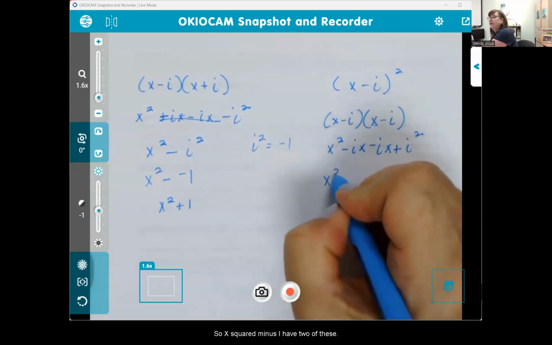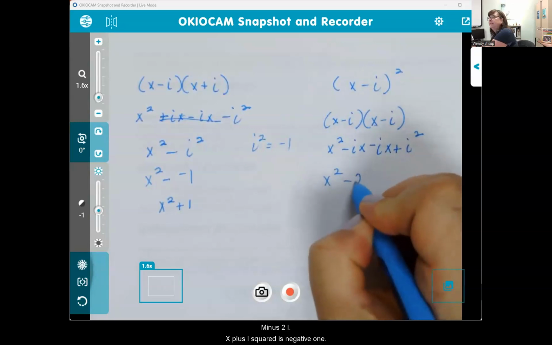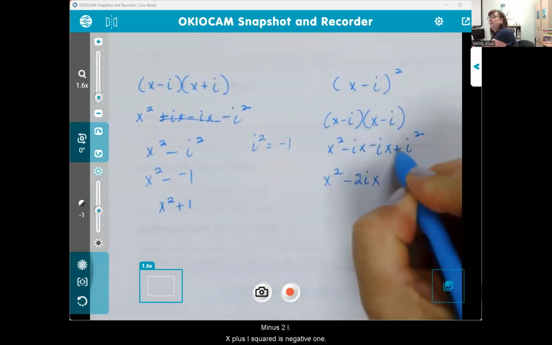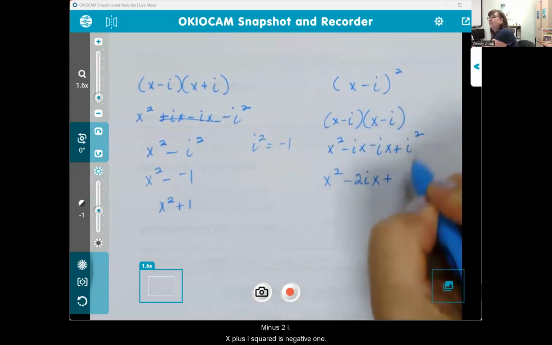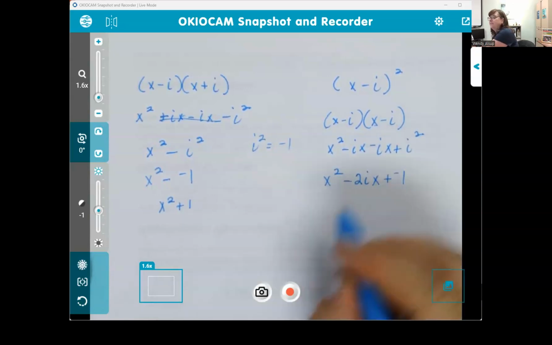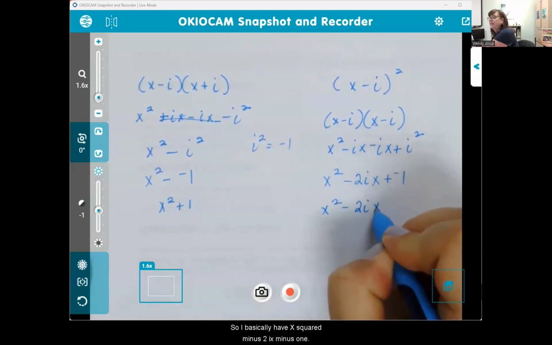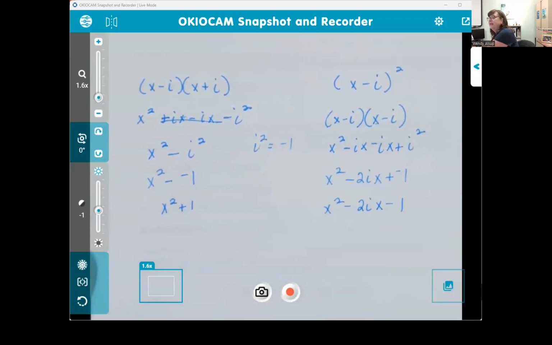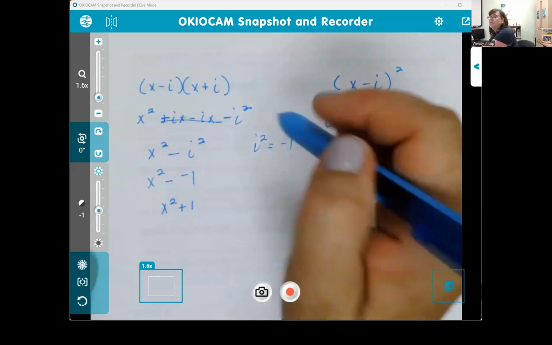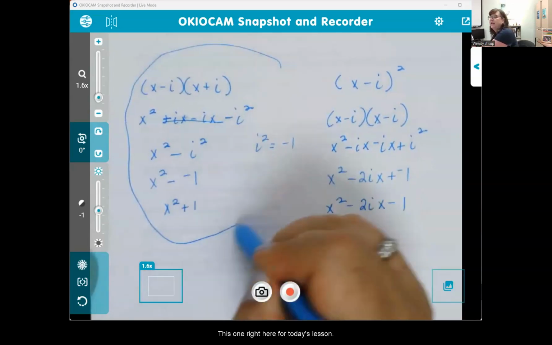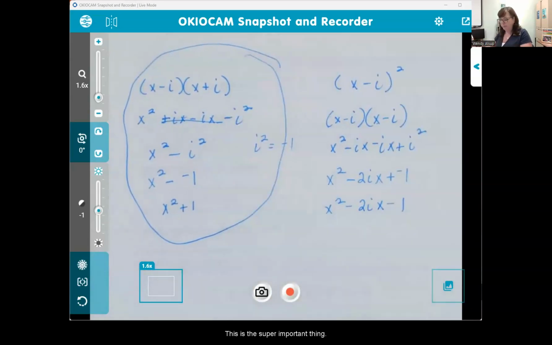So x squared minus, I have two of these, minus 2ix plus i squared, which is negative 1. So I basically have x squared minus 2ix minus 1. This is not as important. This one right here for today's lesson is the super important thing. So if you don't understand that one, go back and rewind it.